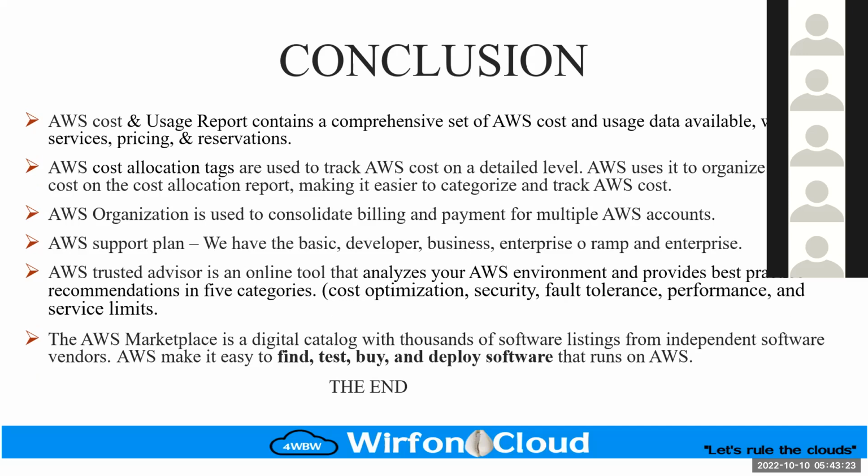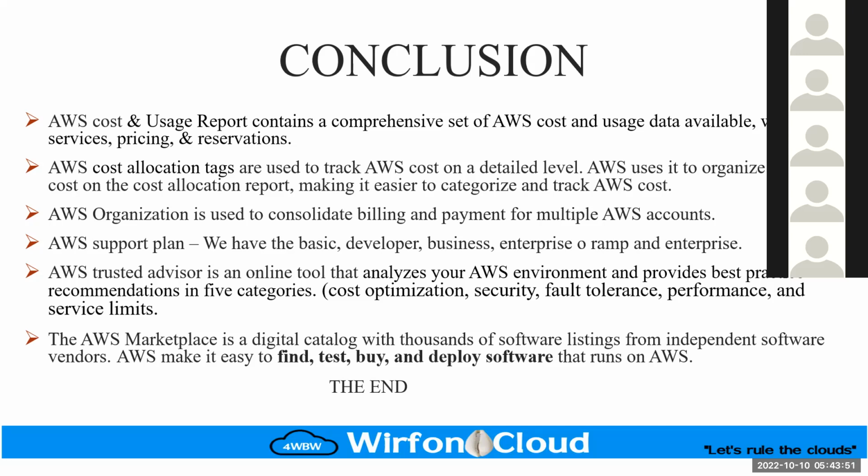AWS uses them to organize resource cost on the cost allocation report, making it easier to categorize and track AWS costs. We also talked about AWS Organizations, which is used for consolidated billing and payment for multiple AWS accounts.